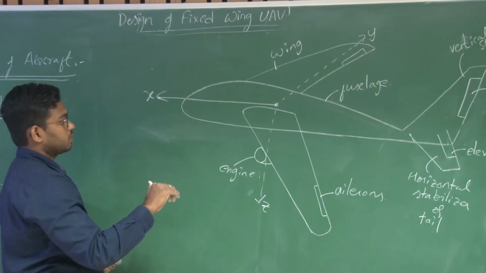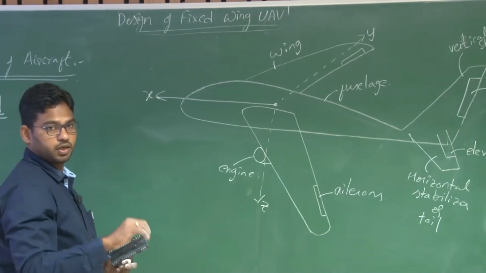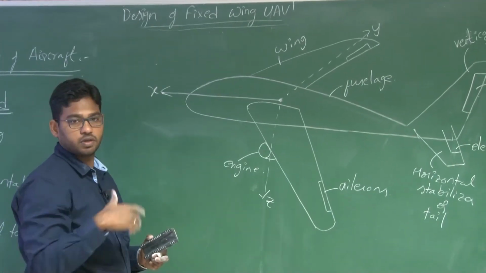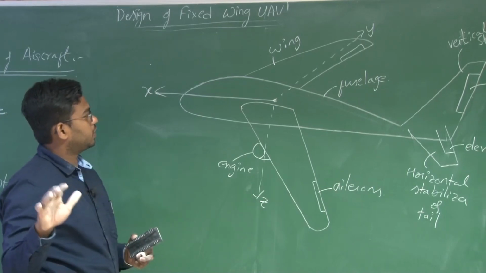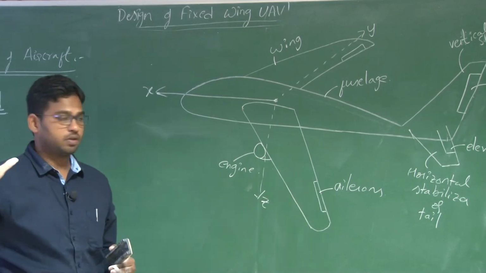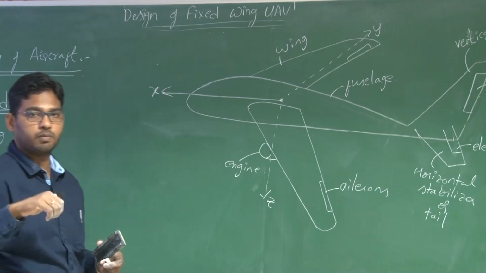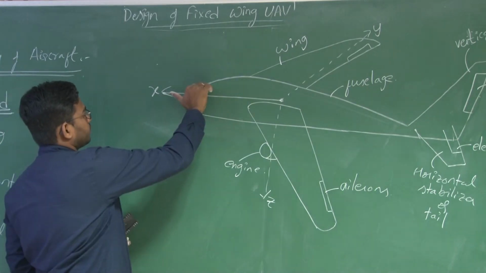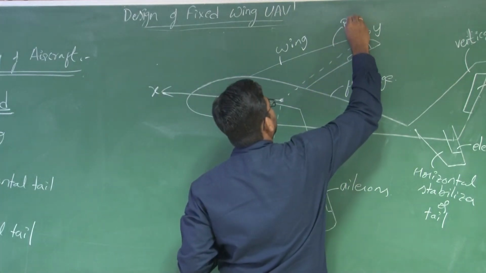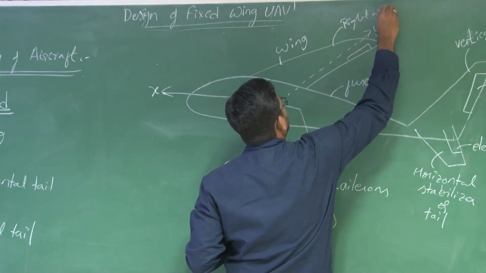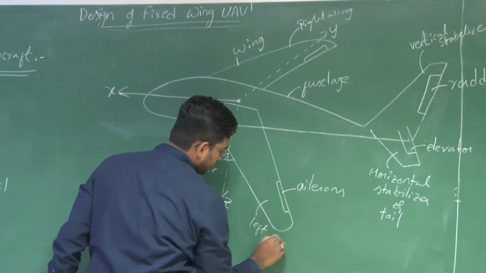So let us start with the x-axis. The rotation about the x-axis is known as roll. What is the positive roll? We have to define the convention also. It follows the right hand thumb rule. Stretch your thumb along the positive x axis. The curl of your fingers will give you the positive rotation about the respective axis. Now, this is the right wing, the starboard, and the left wing is the port side.